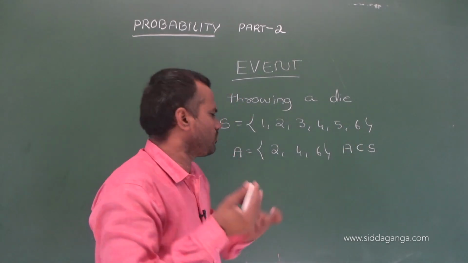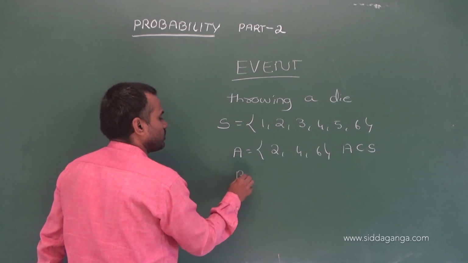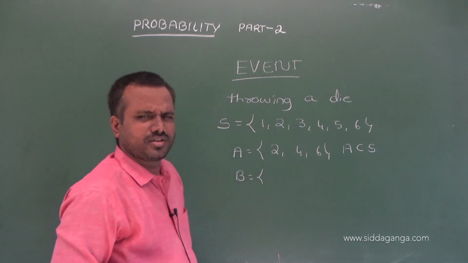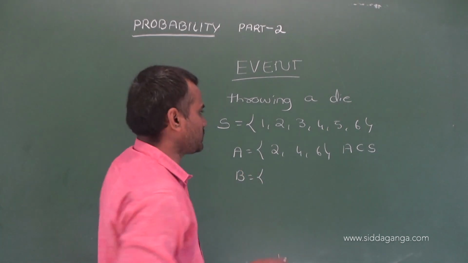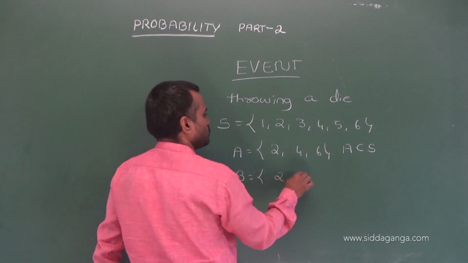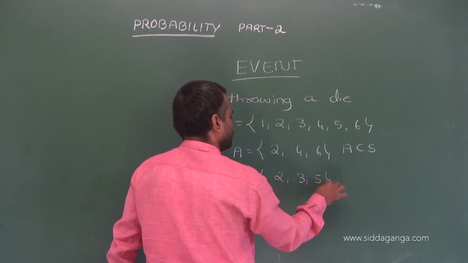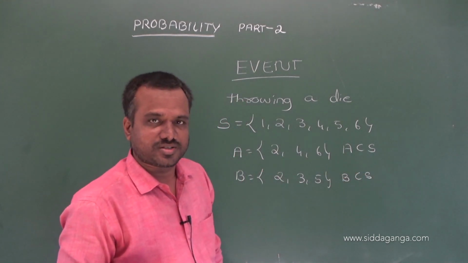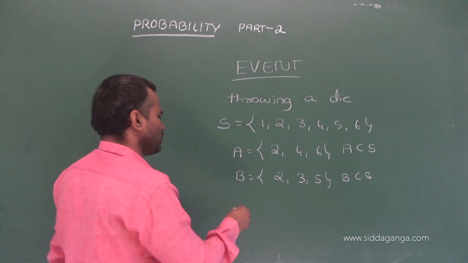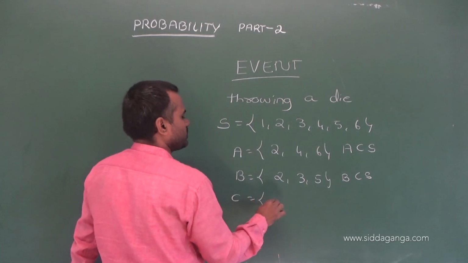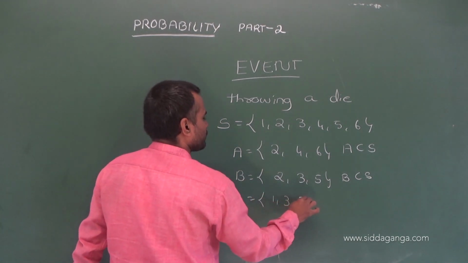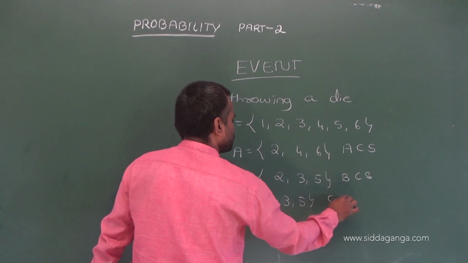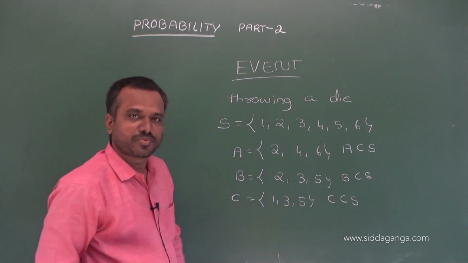Correct? So if you want, I write one more subset, that means only the prime numbers. What are those prime numbers? 2, 3, 5. No doubt these are also a subset of the sample space, yes. Then I want to write one more set, only the odd numbers. So no doubt C is a subset of the sample space.